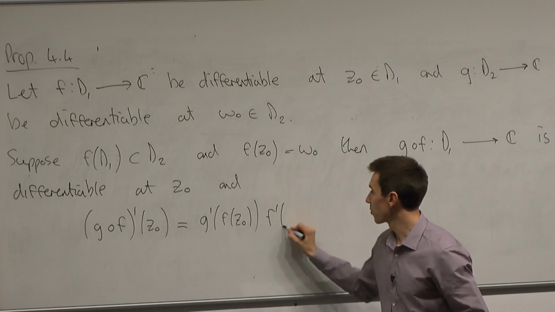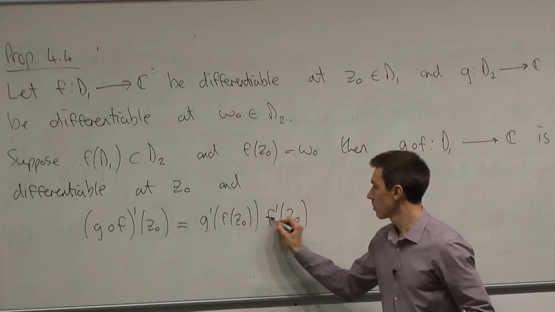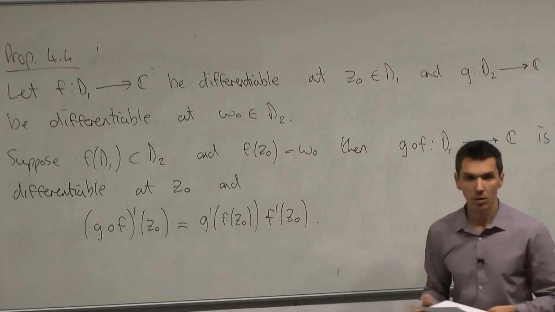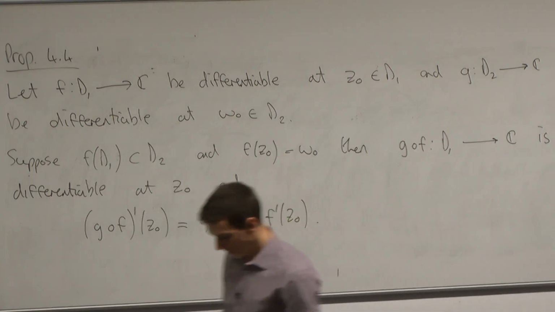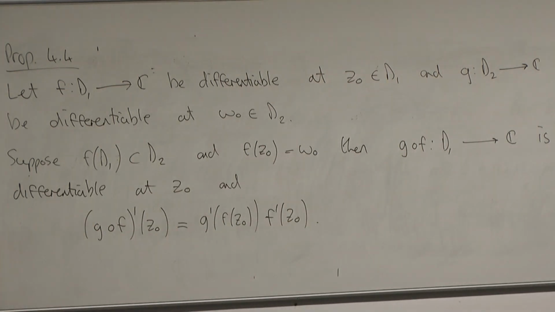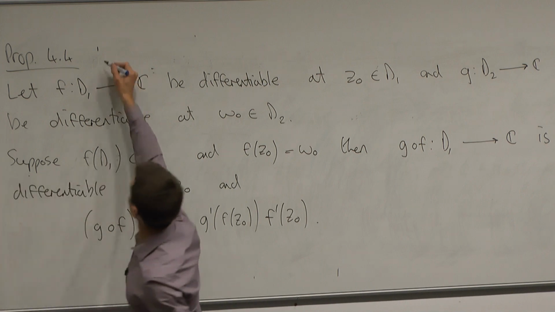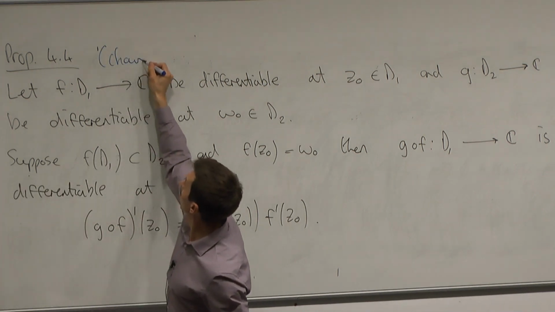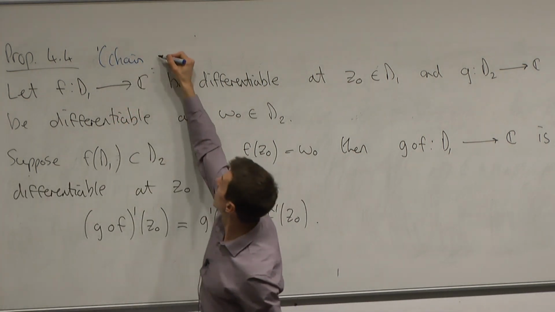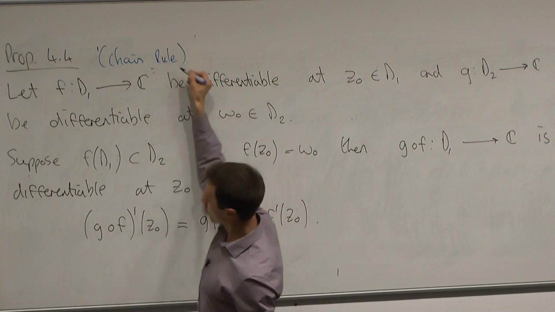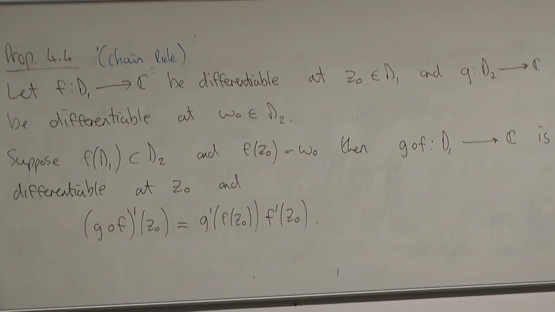So we multiply by f'(z0), okay? Right, so remember, this is the analog complex case of the chain rule, and there's just one remark that follows on from this result.